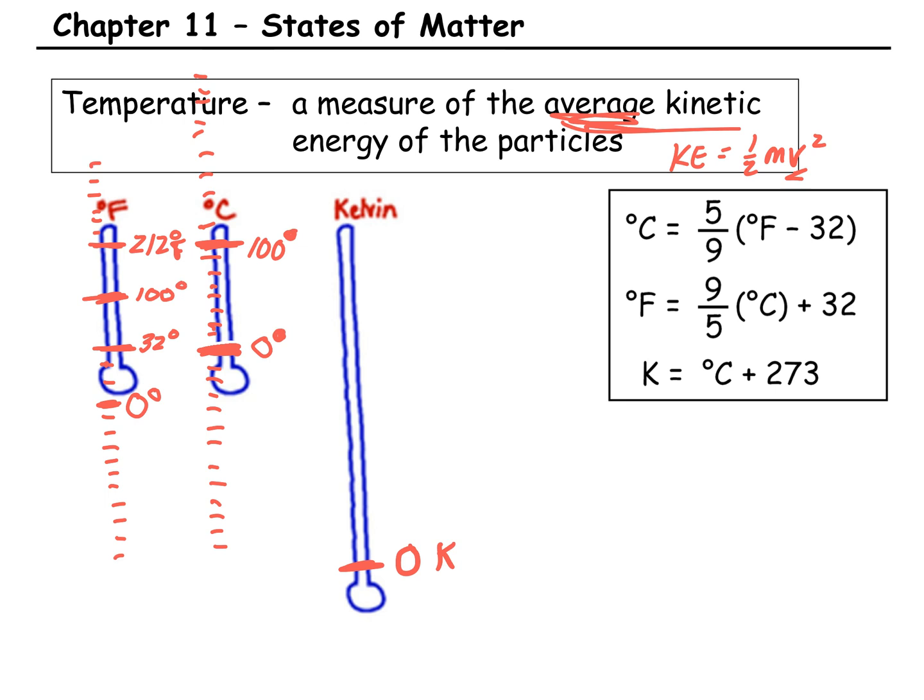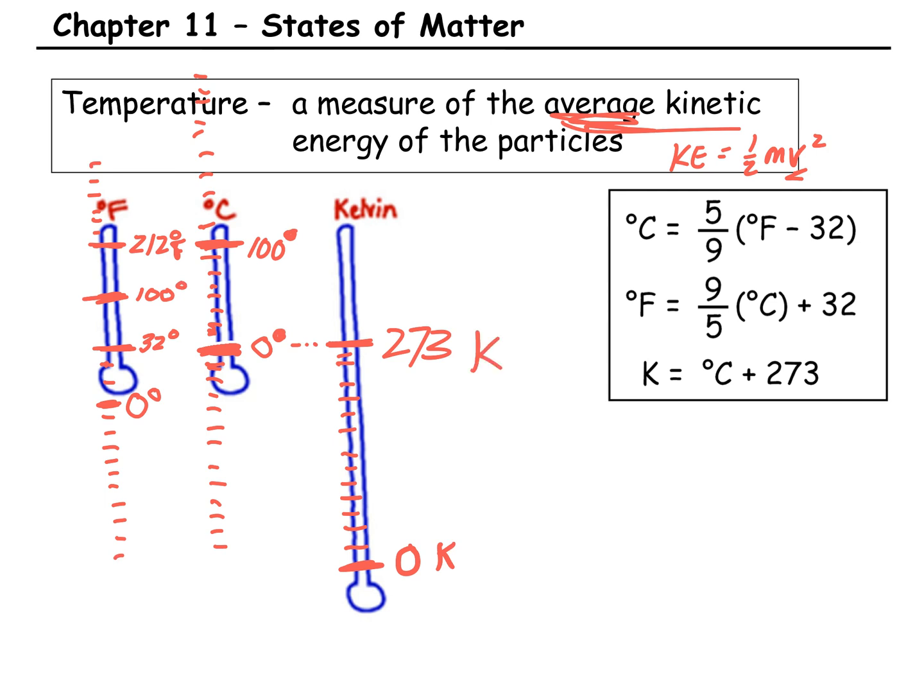Now, the Kelvin scale and the Celsius scale are related in that one Kelvin temperature change is exactly the same as a 1 degree change in Celsius. So if that's true, once we get to this spot right here, we'll be at 273 Kelvin.